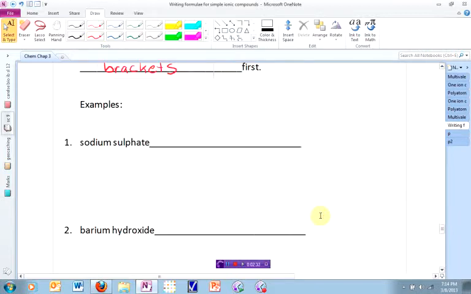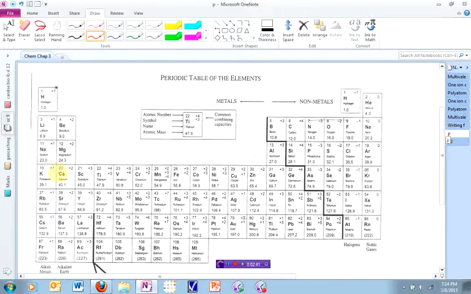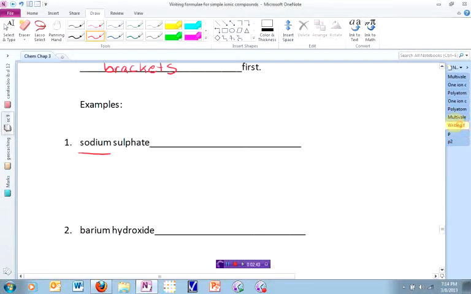The first example here is sodium sulfate, and we want to write the formula. So first we look up the metal on the periodic table. Sodium, right there, only one ion charge, Na+1. Then you notice here it doesn't end in IDE.